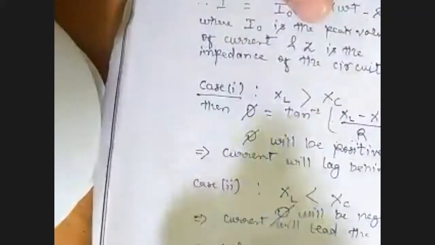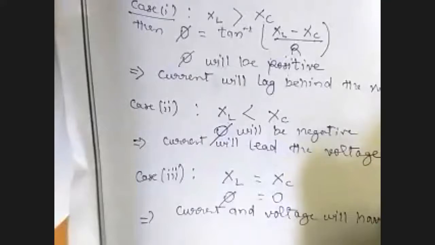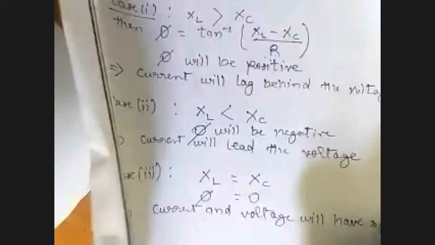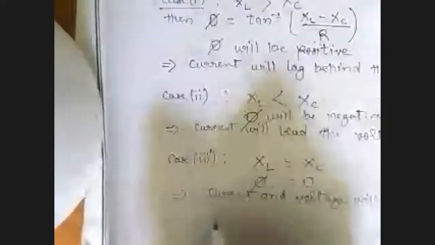So here, current and voltage will have the same phase, and this circuit will behave like a pure resistive circuit.